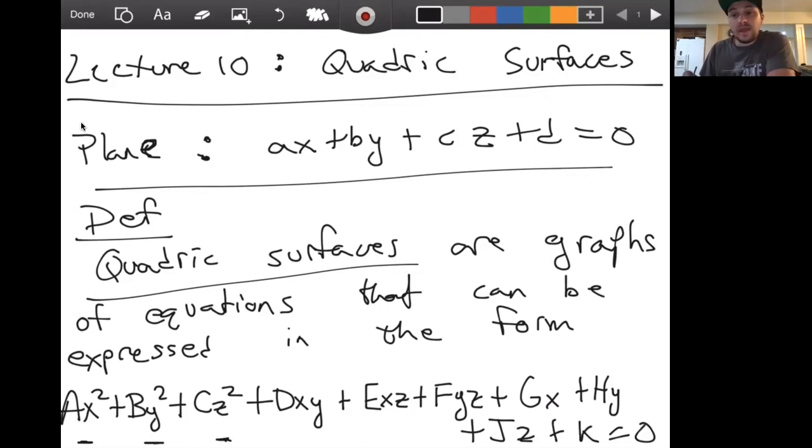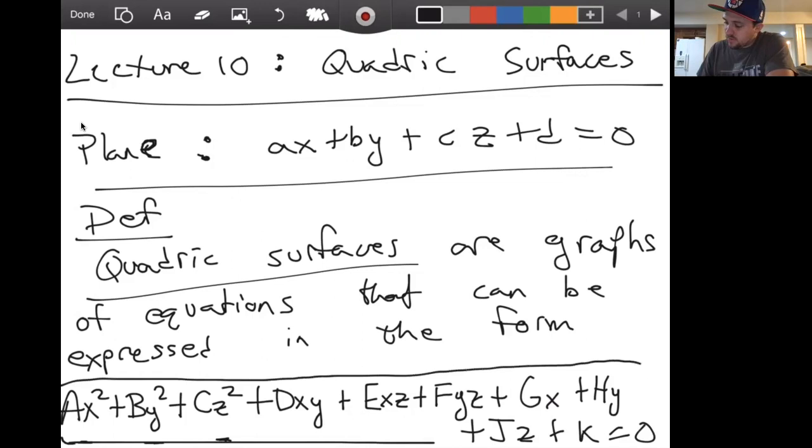So any equation of this form represents a so-called quadric surface in three-dimensional space, where the capital A, B, C, etc. up to K, excluding I, these numbers can vary.